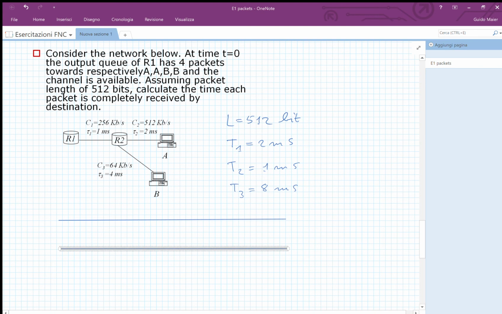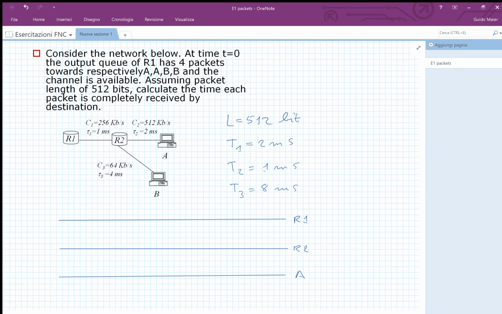And then we have to split this graph because you have two different destinations. So now let's start considering A. Then you will have to consider B. Okay, you can do it by drawing another graph, which is clearer, or you can also do it by drawing another line here, but then you have to be careful on how you match the different packets that you are drawing.